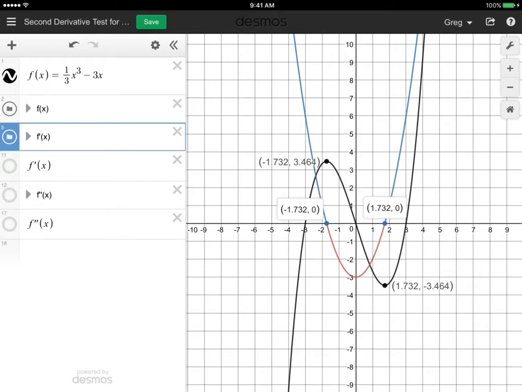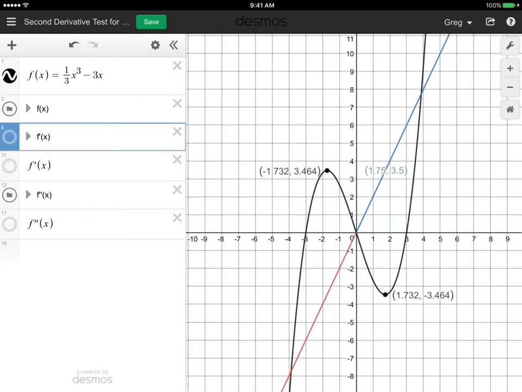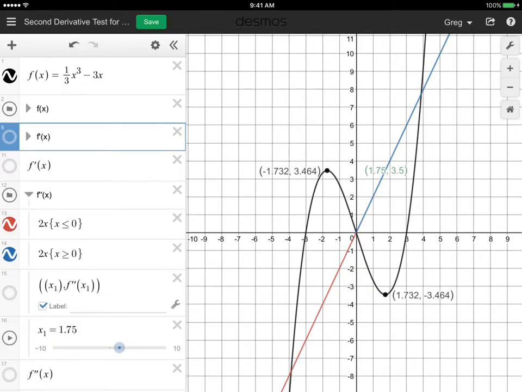So what is the value of those critical points on the second derivative? If I estimate the value at about 1.73, I can see that these values are positive. So the value of the second derivative is positive, which tells us the graph is concave up. That's why we can see that there is a minimum at 1.73.